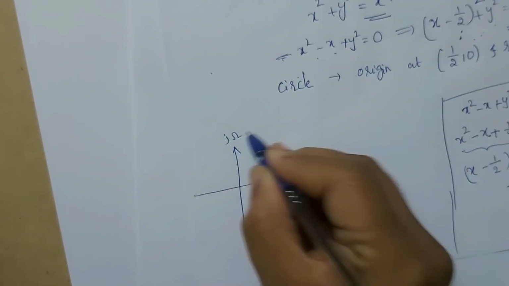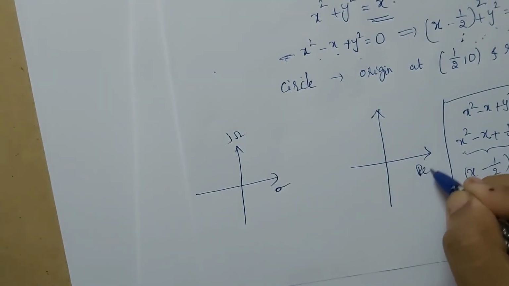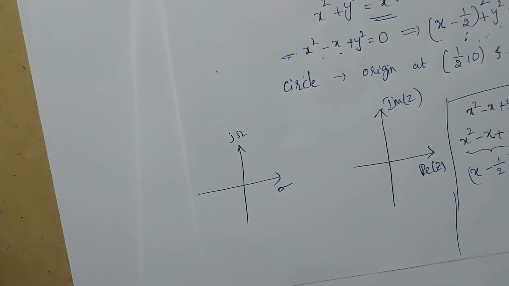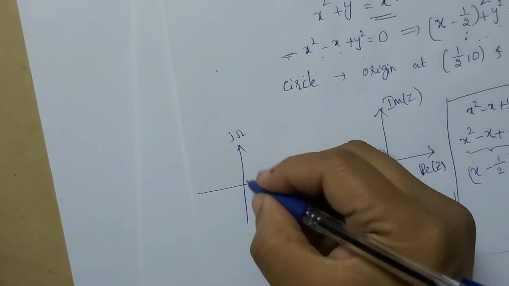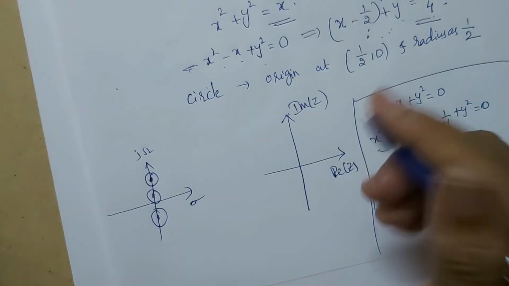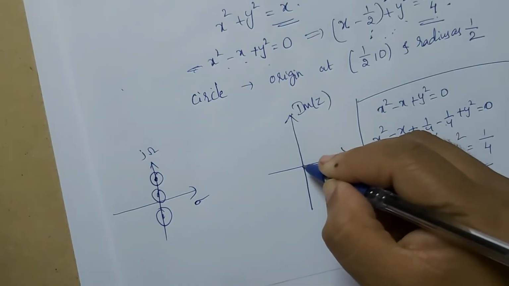Sigma, j omega, real part of z, imaginary part of z. So when sigma is equal to 0, that means poles on the j omega axis are mapped as a circle.